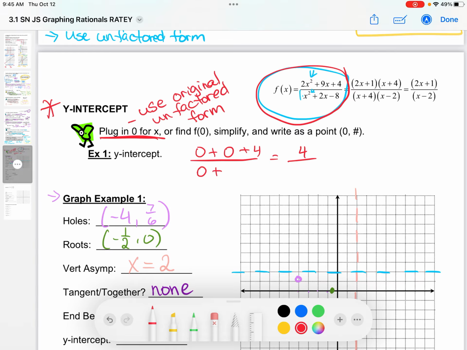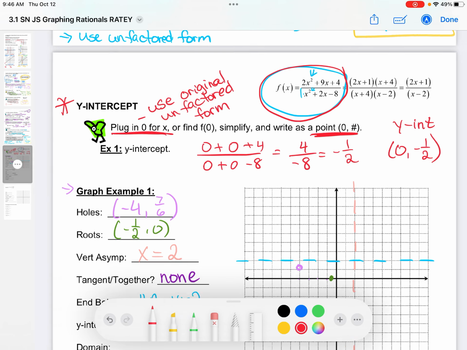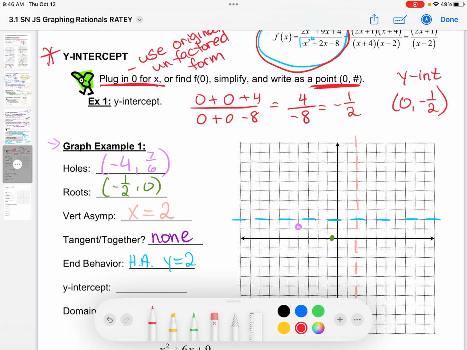Over, in the bottom, the same things happen. 0 squared is 0, plus 2 times 0 is 0, minus 8. So that y-intercept is 4 over negative 8, or negative 1/2. The y-intercept is a point on the graph. So our y-intercept is x equaling 0, y being negative 1/2.